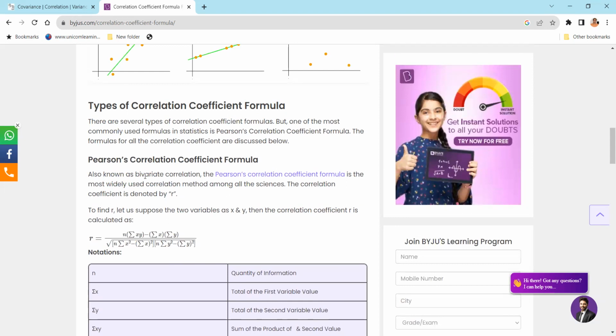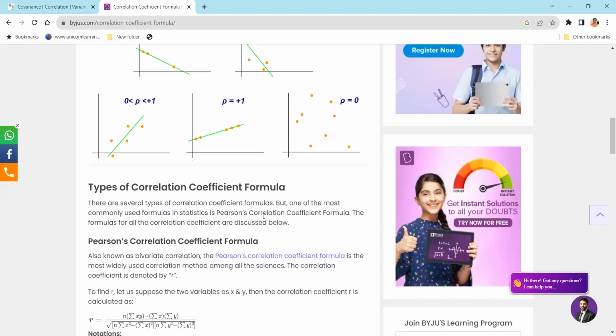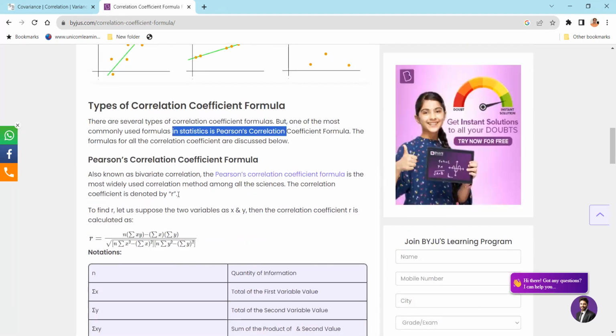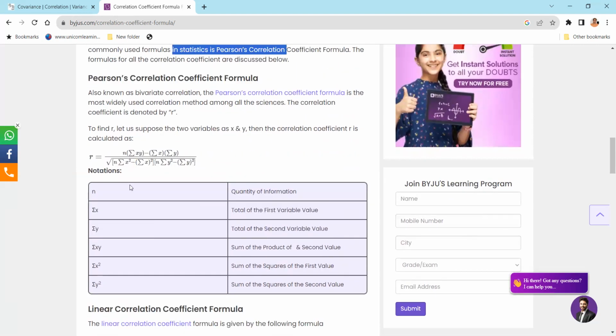Also known as bivariate correlation. The concept is same, there will be slight change in the formula. So this is your Pearson correlation.